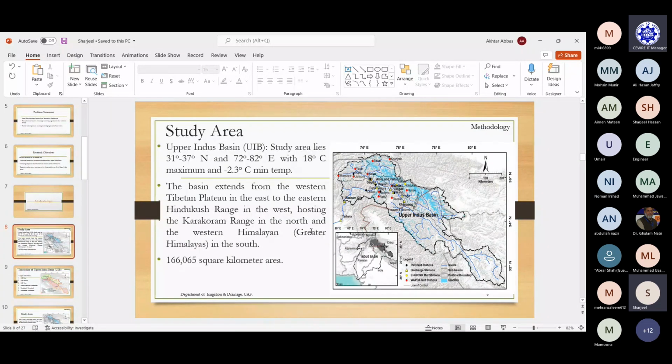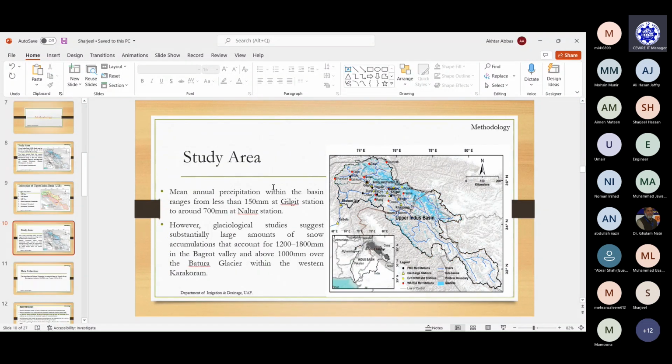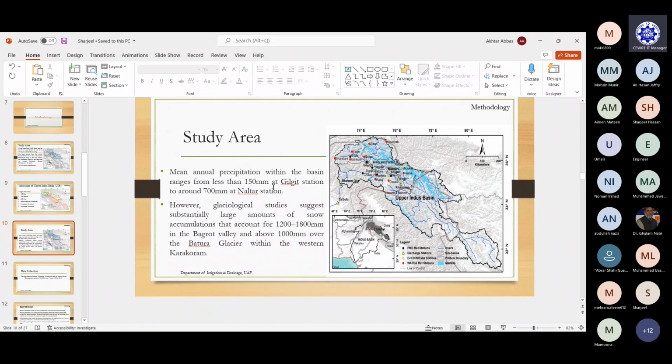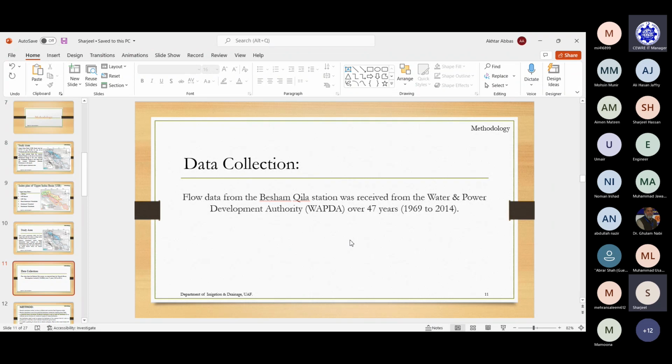which will be discussed in the last part. My study area is Upper Indus Basin, which lies between 31 to 37 degrees north and 72 to 82 degrees east, with a temperature range of 18 degrees to minus 2.3 degrees. Data collection.